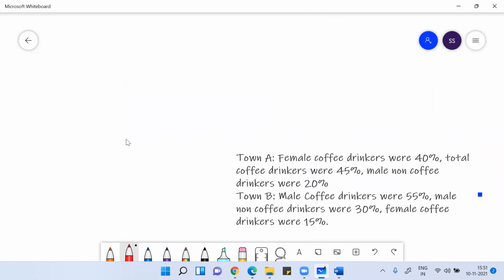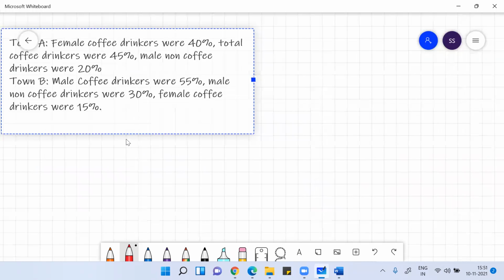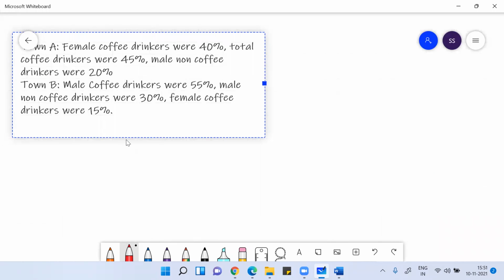If I put it here, I'll just draw a table based on this data, town A, town B. So let me draw a table.